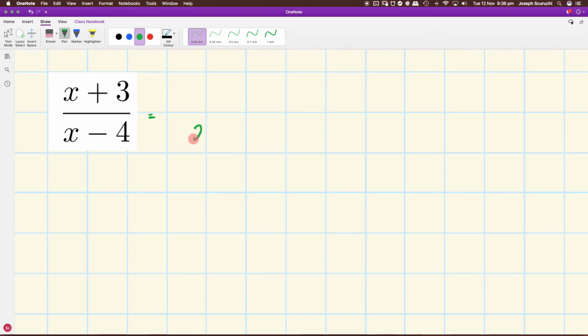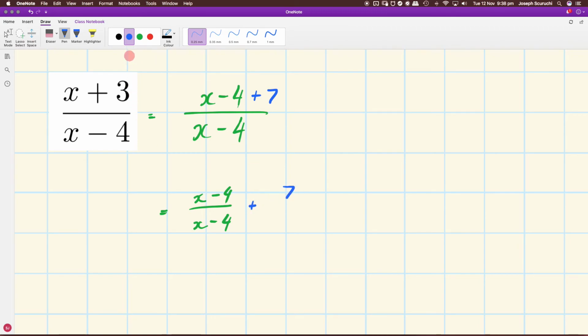So the first thing is I write down my denominator. I then put that in my numerator. I have minus 4 here. Whoops. I have minus 4, but I want plus 3. So in order to make this plus 3, I'm going to have to plus 7. I then rewrite out my equation, so I'm going to get x minus 4 divided by x minus 4 plus 7 over x minus 4.